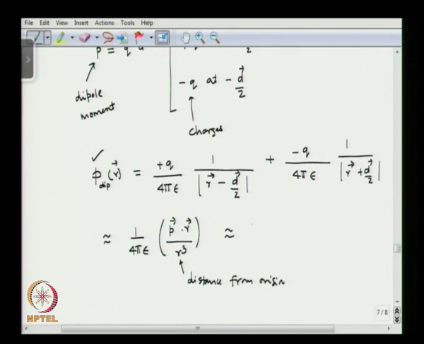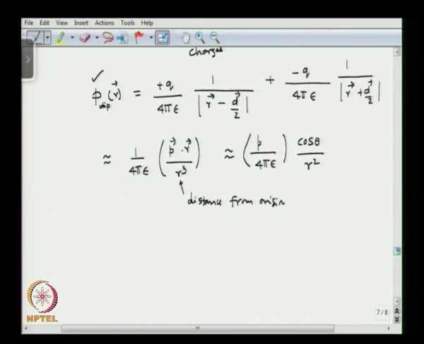So this will be P over 4 pi epsilon into cos theta over r square. If you look at the geometry, r over the magnitude of r will be cos theta, so you will get P over 4 pi epsilon into cos theta over r square, where theta is the angle between the dipole P and the point r.